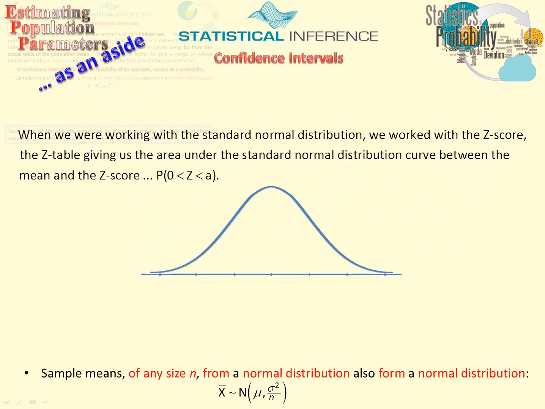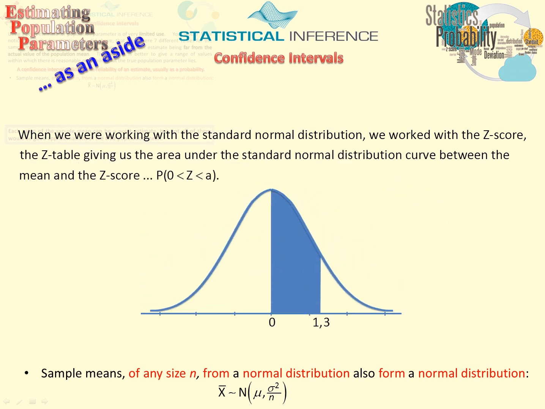Now, the Z table gives us the area under the normal distribution curve between the mean and the Z score. For example, if I look at the z-score of 1.3, which is 1.3 standard deviations on the standard normal distribution, which has a mean of 0, it has a certain probability, because the probability is the area under the curve.